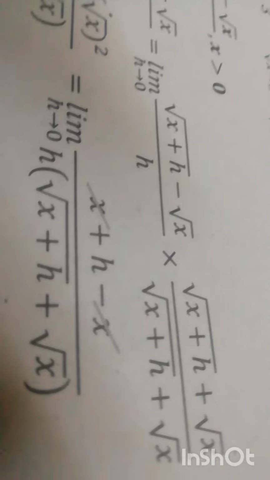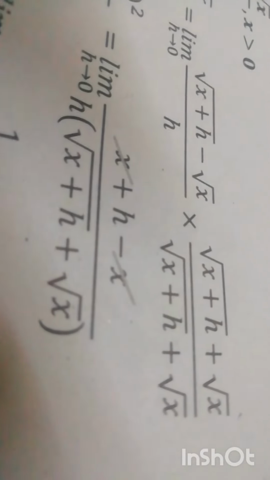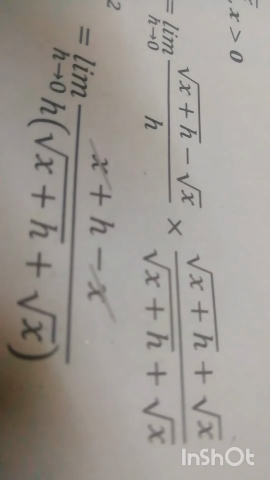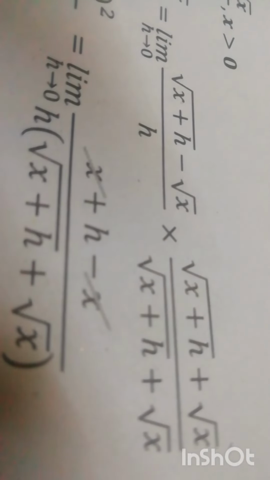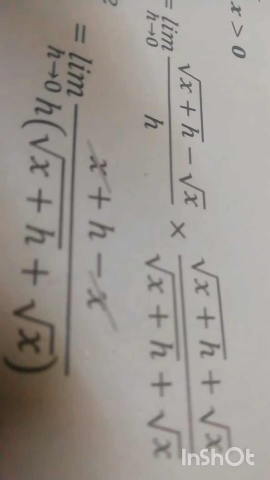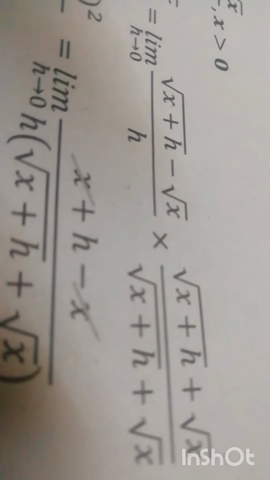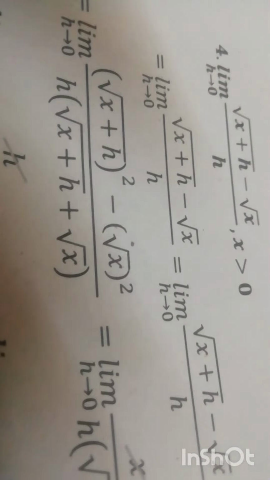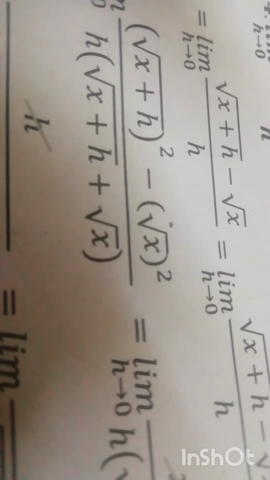See, minus is there, no? Take plus in both numerator and denominator. If you multiply, this is a minus b into a plus b, so a square minus b square. Here I can simply write h into this.